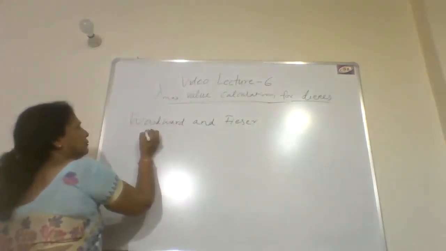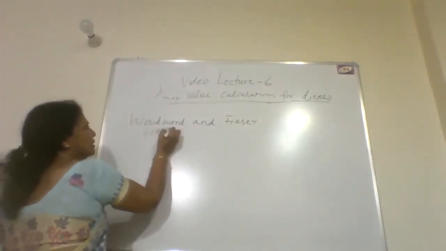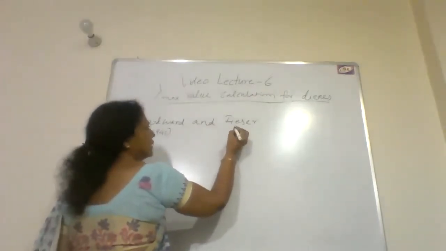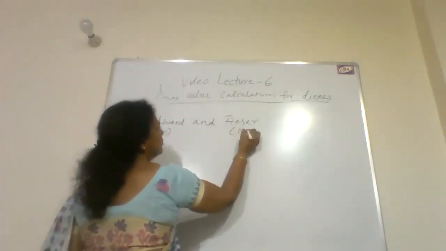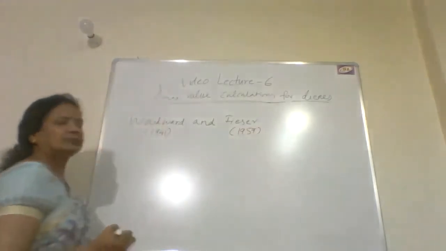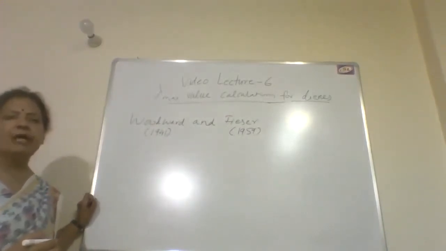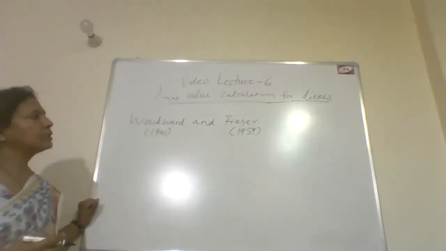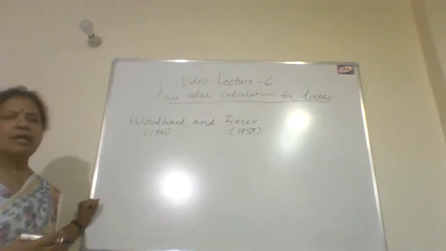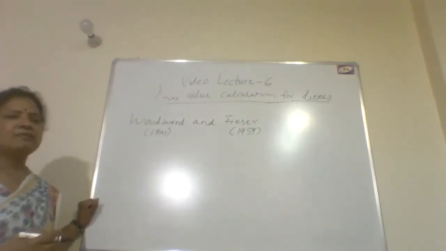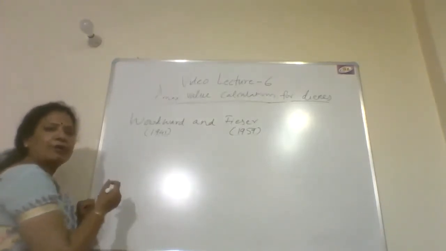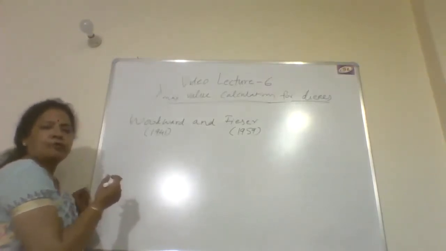Woodward mentioned it in 1941, with further work by Fieser in 1959. They gave base values and then increment values. On the basis of these values, they calculated the lambda max value for the compound. This is a theoretical or empirical calculation of lambda max.